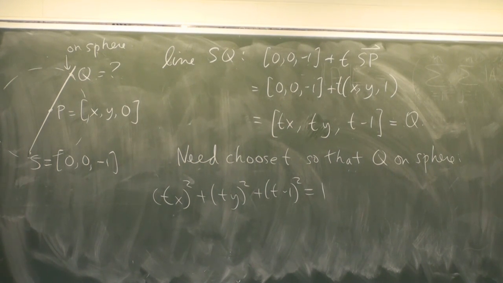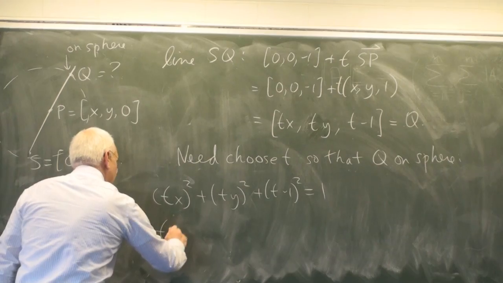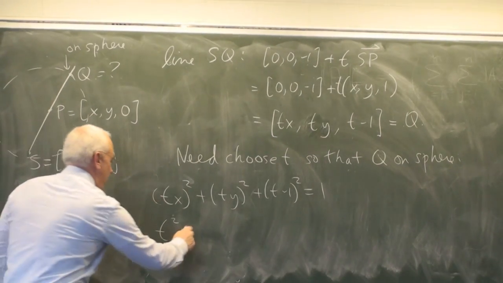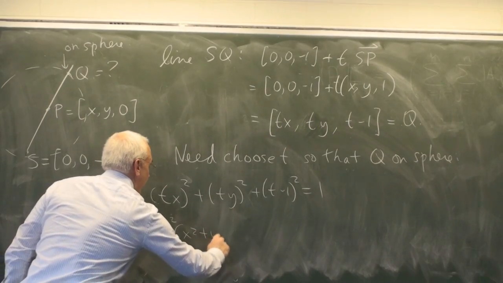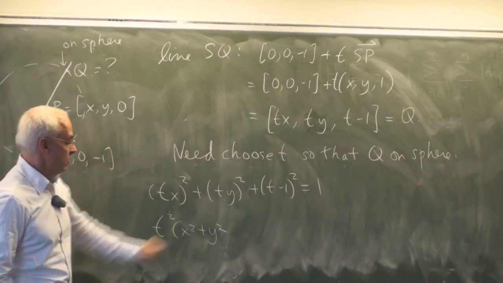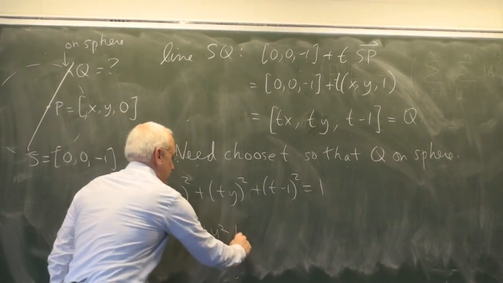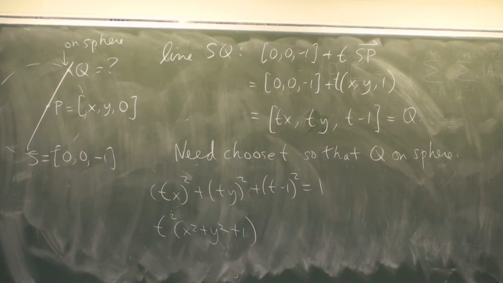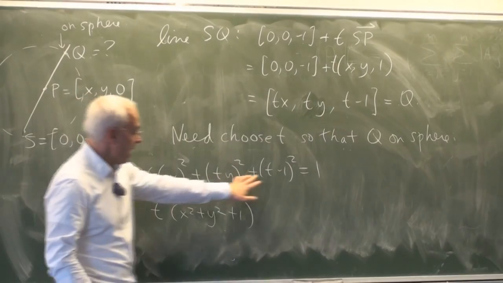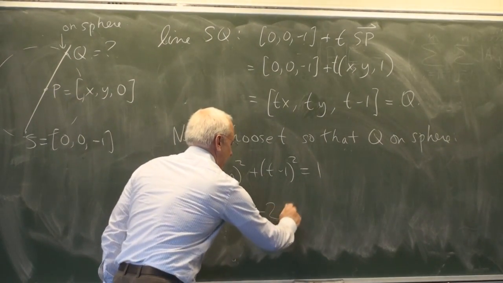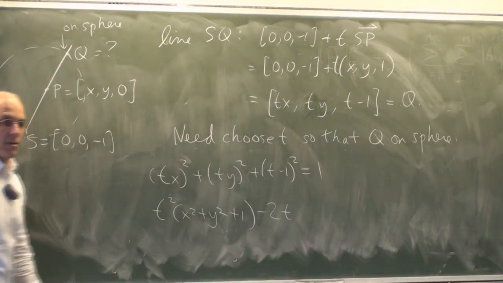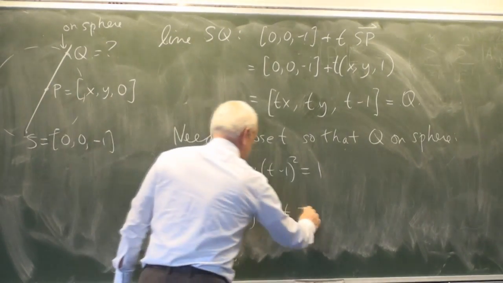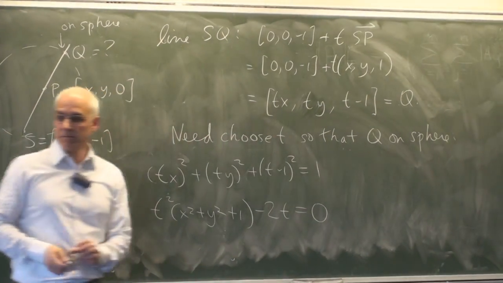All right, that shouldn't be too hard to do. So what do we get when we write this out as a polynomial in t? There's a t squared here with coefficient x squared plus y squared. There's a t squared over here, so I'll just write x squared plus y squared plus 1. And then there's a linear term here, minus 2t when we expand this. And the plus 1 and the plus 1 on the other side, they cancel, so we just get 0.